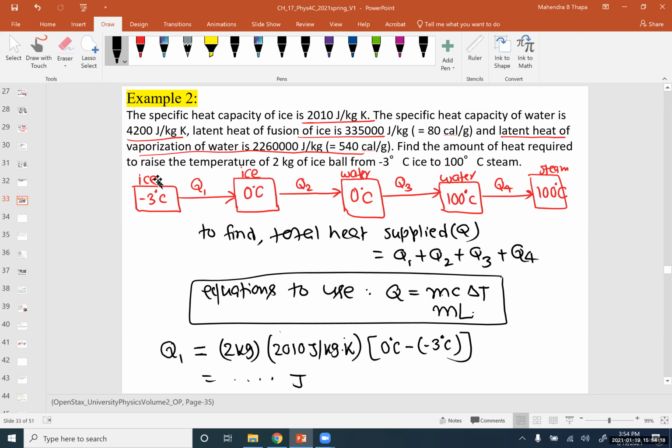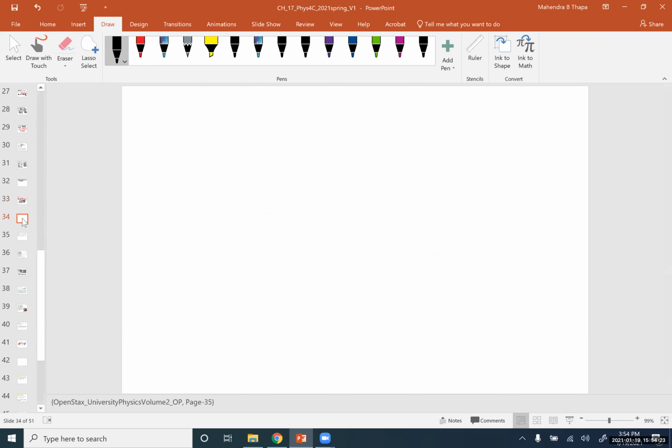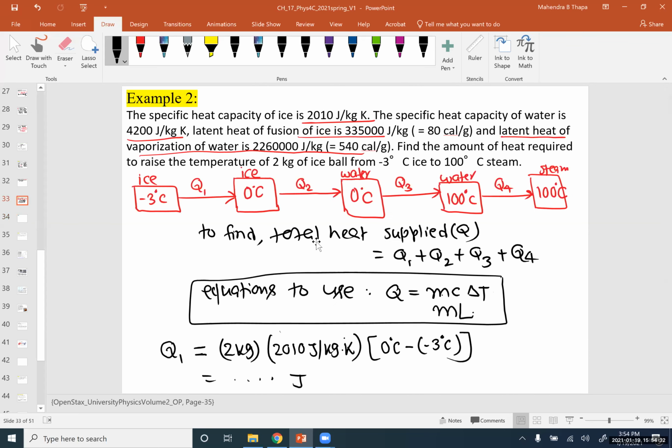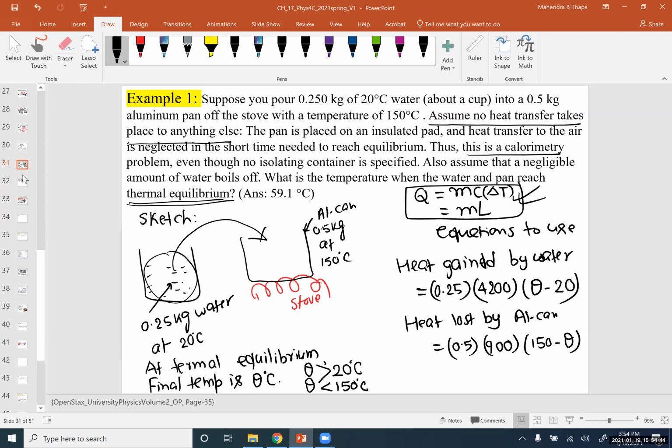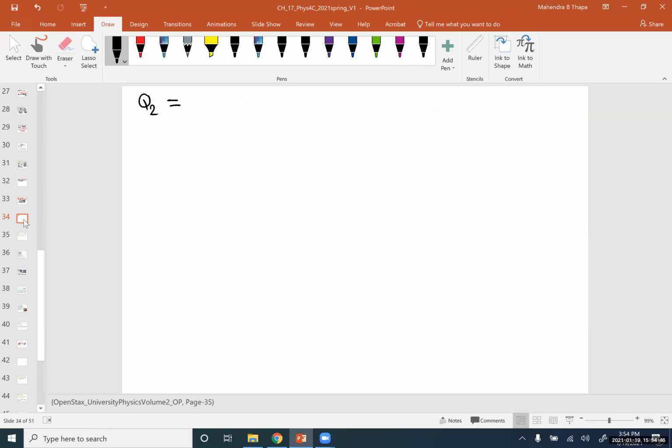Okay. Let's find Q2. So 0 degree ice to 0 degree water. So let's do Q2. In this case, you can see that there is a change of state from solid to water. So we must use the equation Q equals ML. So Q2 will be M L, 2 kilograms times the specific latent heat of fusion.